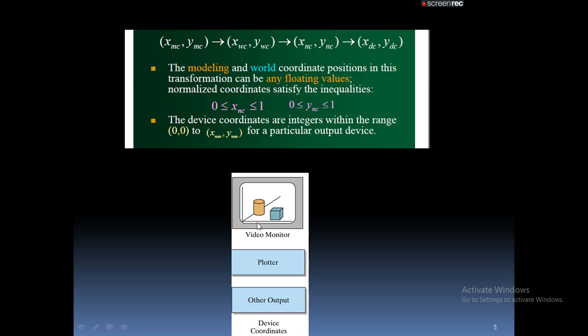max. Please see this; assume that this is our video monitor. In the video monitor, 0 comma 0 represents the origin of the Cartesian reference frame.